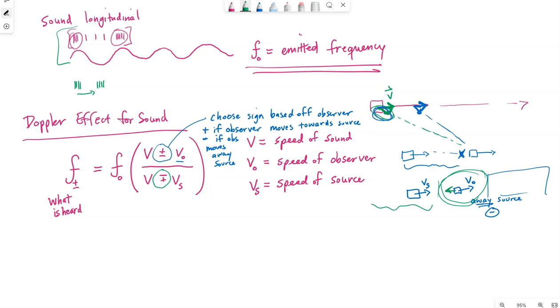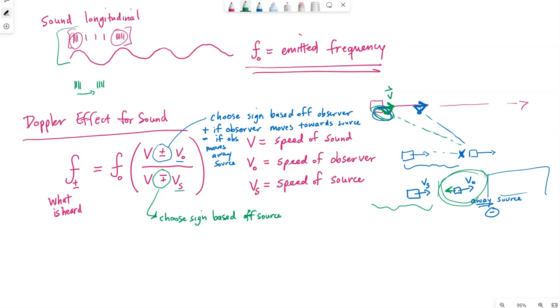Similarly, the signs in the denominator, we choose this sign based off the source. What is the source doing? And we can remember that because we have V sub s down here. V sub s means the speed of the source. And so we only care about what the source is doing.